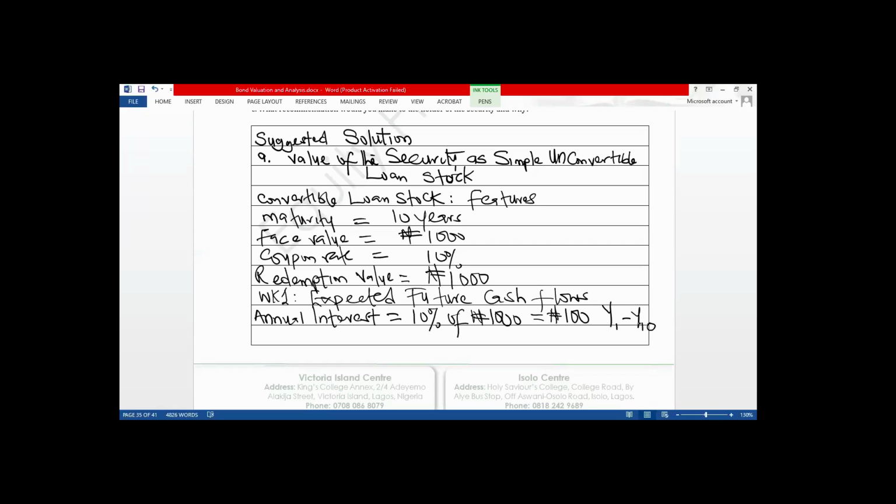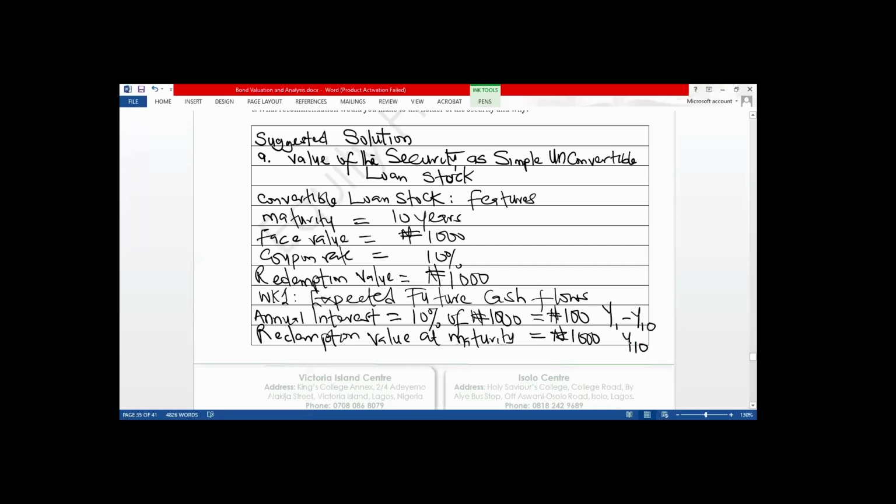Then in year 10, we are going to get the redemption value at maturity. This is equal to 1,000 naira. That will be year 10.